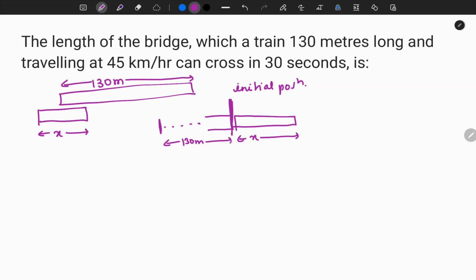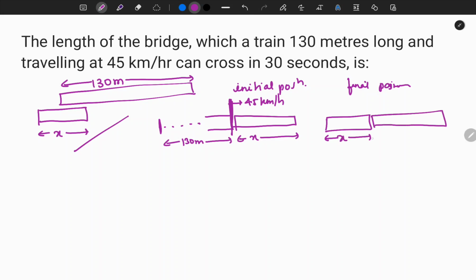It is also moving at a speed of 45 kilometers per hour. This is the initial position. This is the intermediate position, the one that I have drawn here. Final position is when your bridge has been completely crossed.